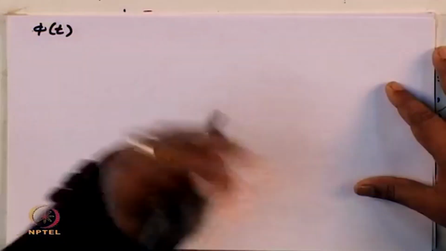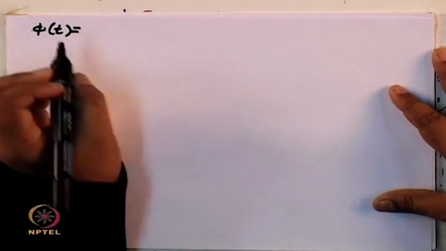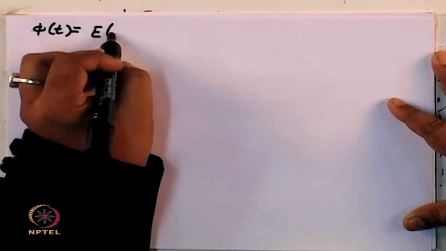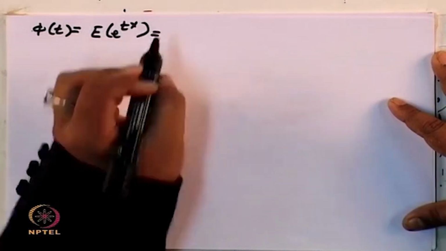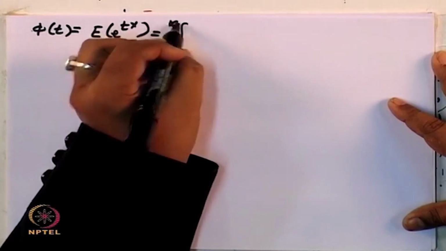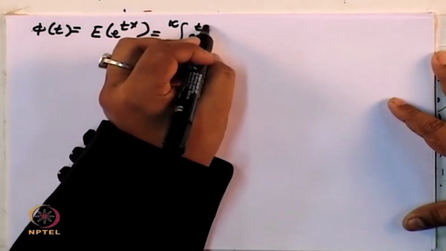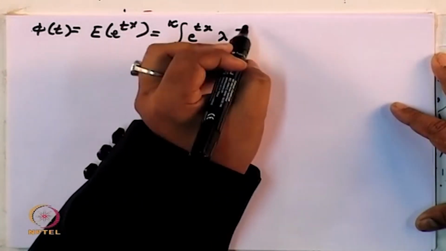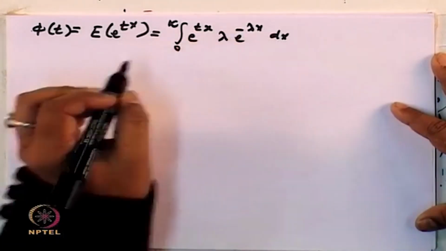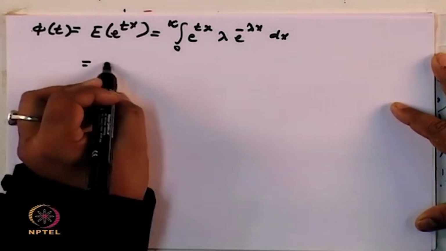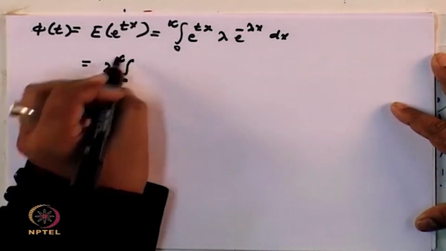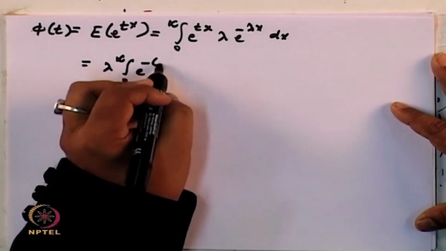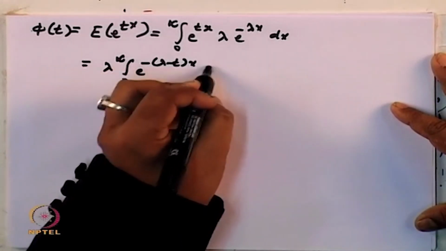Okay. But for this exponential random variable, we can calculate the moment generating function. So, the moment generating function will be the expectation of e to the power tX, equal to the integral from 0 to infinity of e to the power tx into lambda e to the power minus lambda x dx. I can take lambda out: the integral from 0 to infinity of e to the power minus (lambda minus t) x dx.